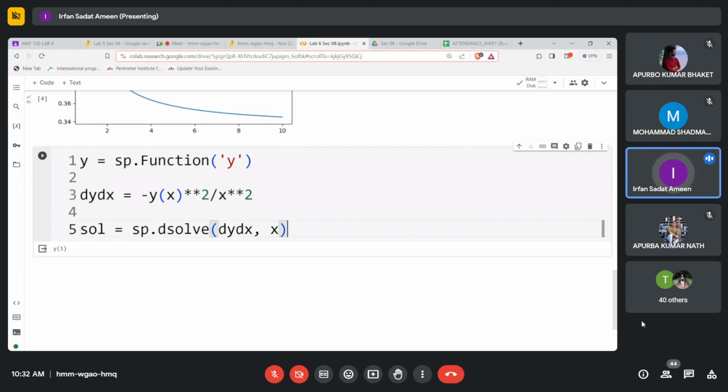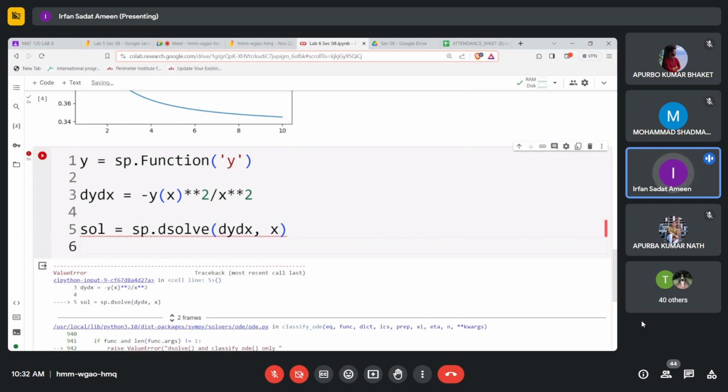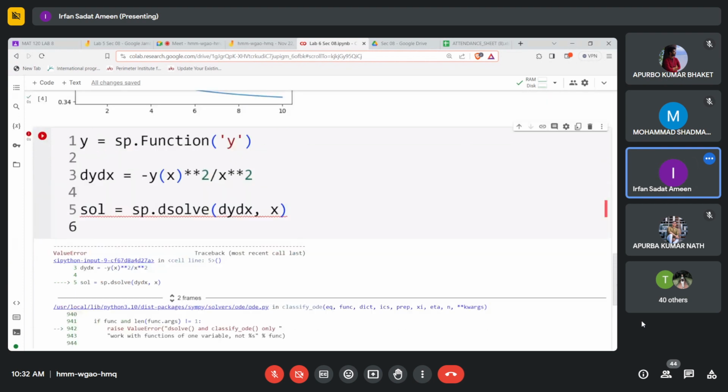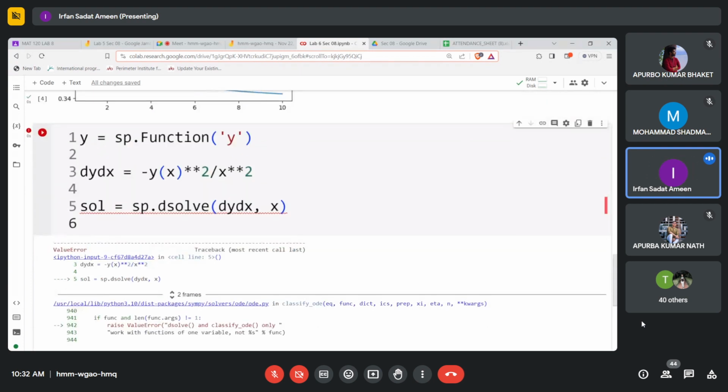If we do this, we're supposed to get an expression in. What is wrong here?